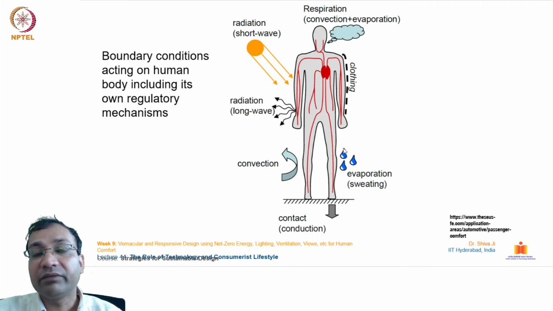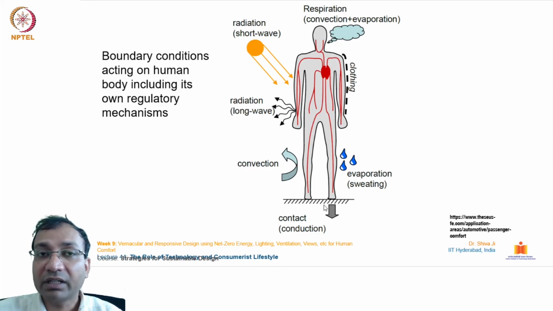And then we have this protective layer of clothing, and then we have convection, the air which passes through touching our bodies. If it is cooler, it keeps on absorbing some heat from our body, or if it is hotter, it keeps on giving some heat back to our body.